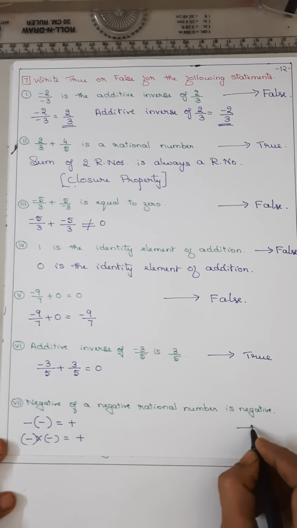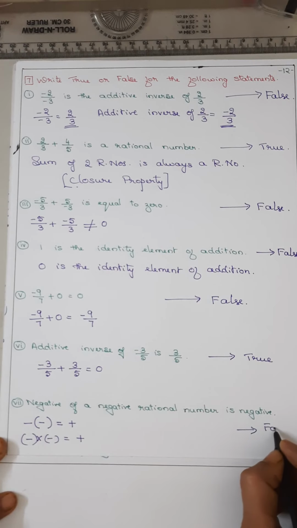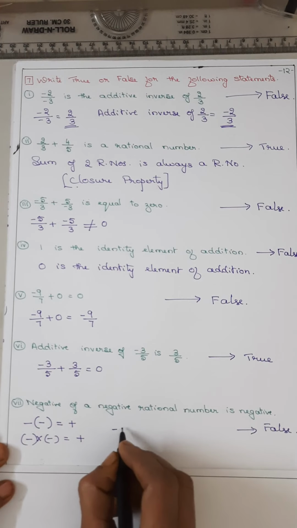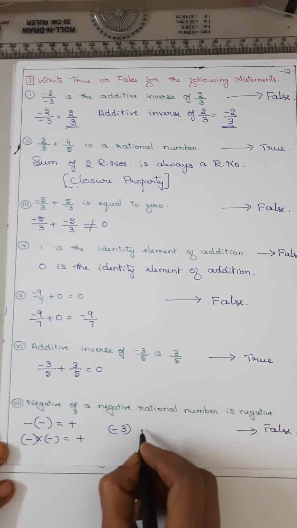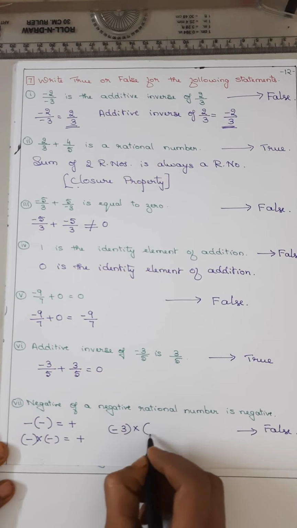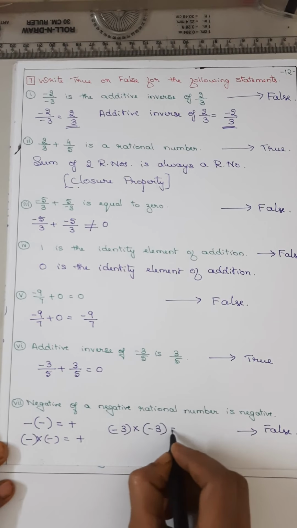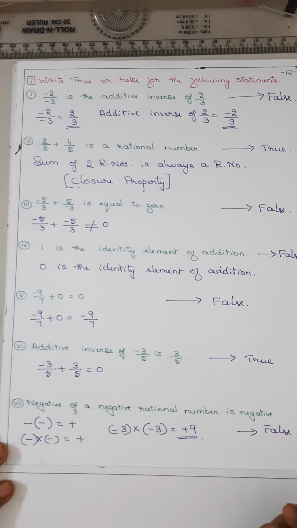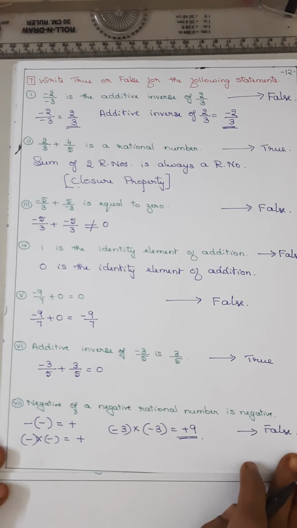So this is again false. याद है ना? minus 3 into minus 3 will be plus 3 3s are 9. That's why the statement is false.